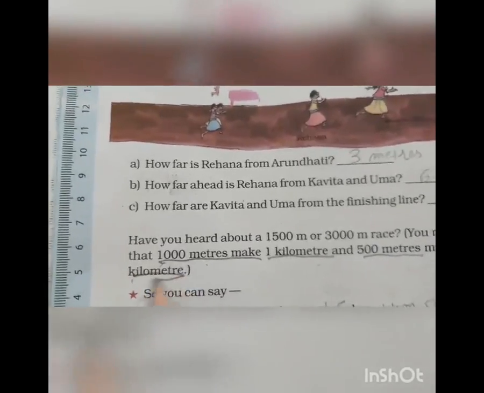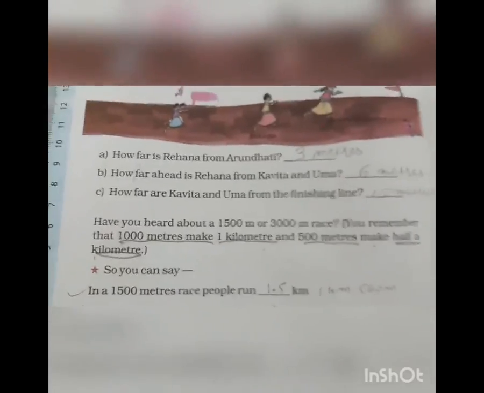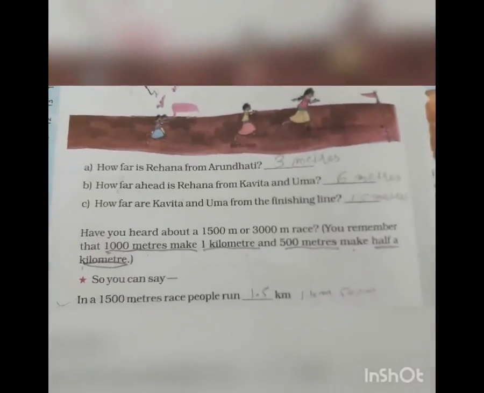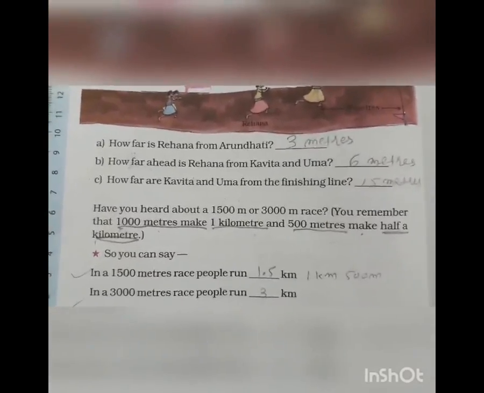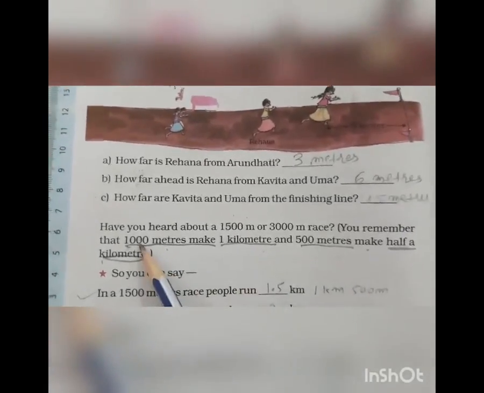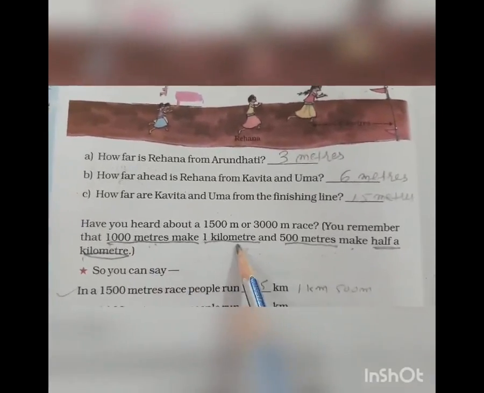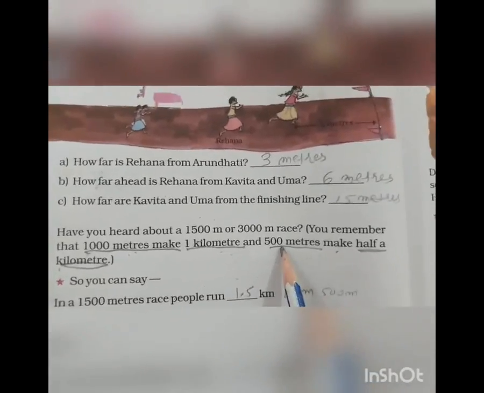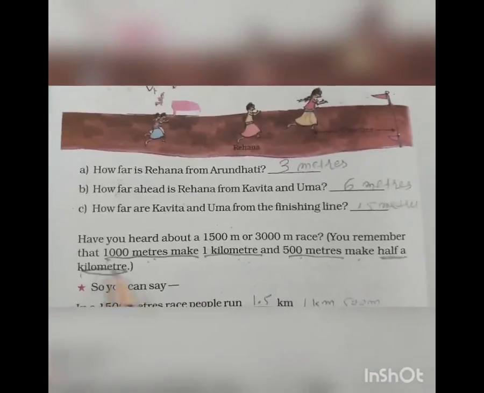You have to remember this one. When we write the notes, I will write here in your notebook. But you must remember this, that 1000 meter equal to 1 kilometer and 500 meter make a half kilometer.